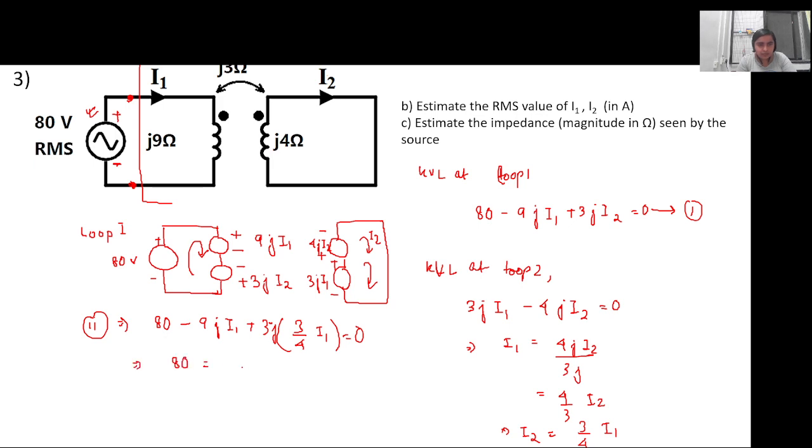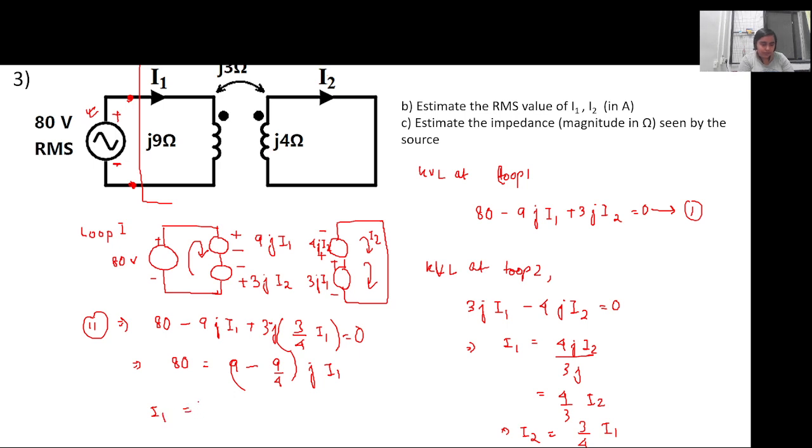If you bring it to the other side, 80 equals 9 minus 9 by 4, j I1.